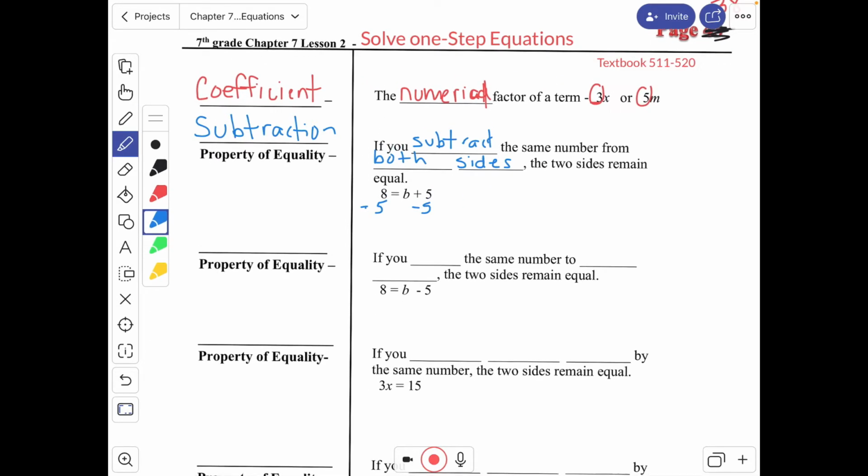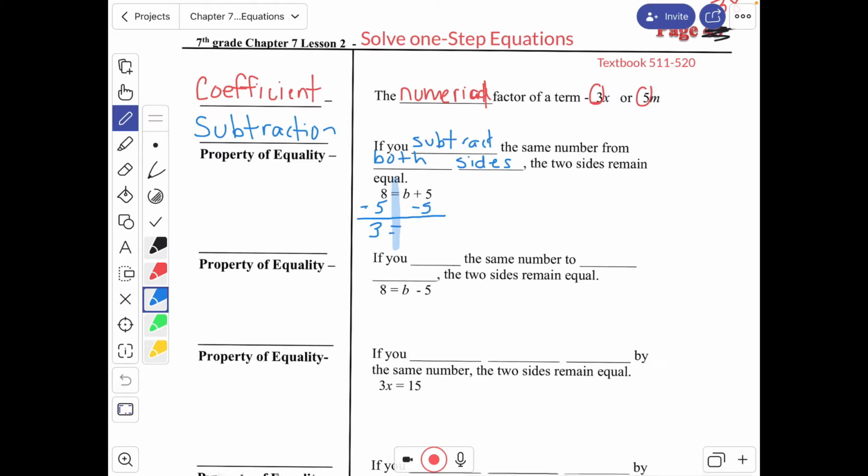Think of this equal sign as a great big wall. And if we do something on one side of the wall, we've got to go do it to the other side to be fair. Got to be fair. They want us to do it on both sides. Stay balanced. So on the left side of the wall, we have 8 minus 5, which gives us 3.